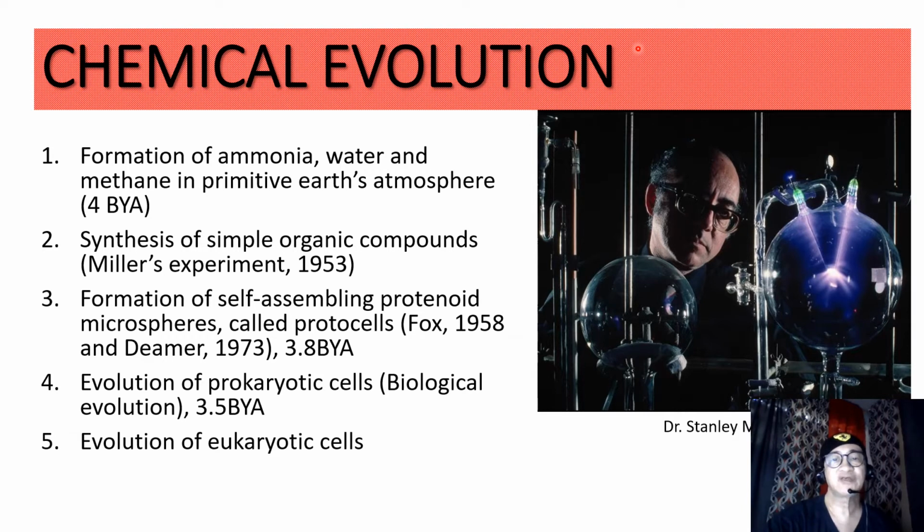These compounds accumulated in small pools of water, like soup, which may have been concentrated at various locations in the shorelines or oceanic beds. As the molecules grew and increased in complexity, these compounds were assimilated in self-assembling microspheres formed by amphiphilic molecules such as lipids.